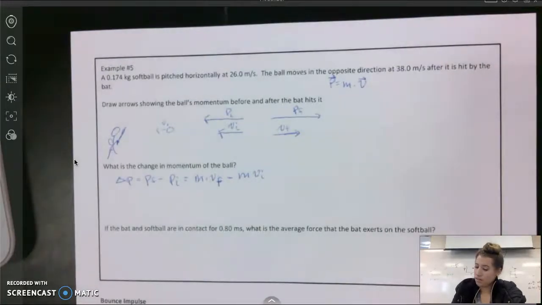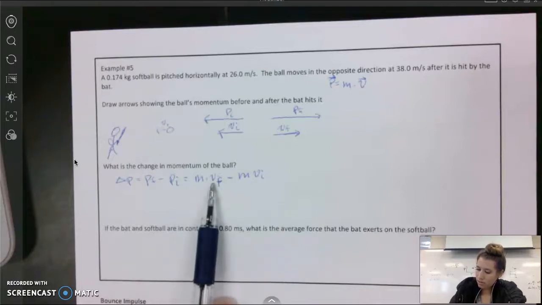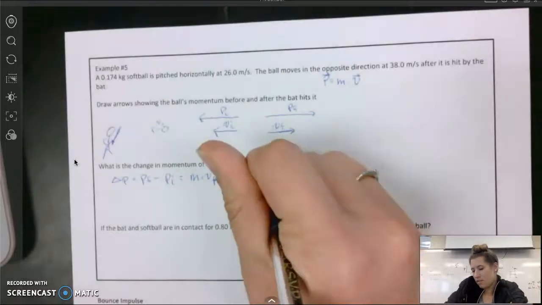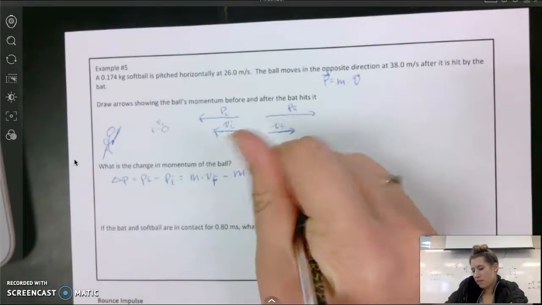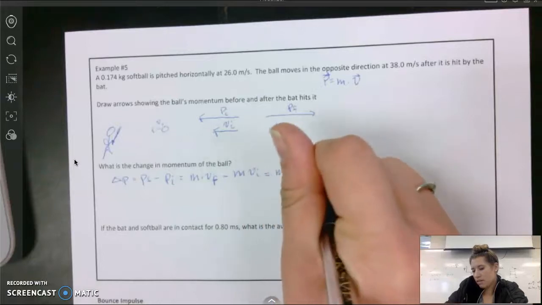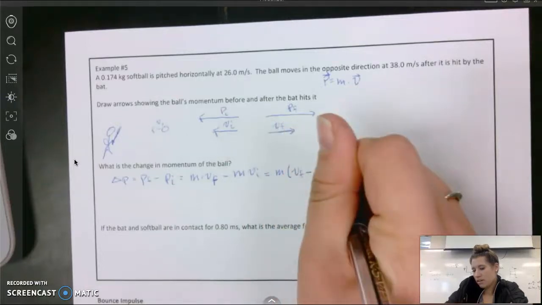We know the mass, we know the velocities. We can factor out the mass because it's the same mass: velocity final minus velocity initial.